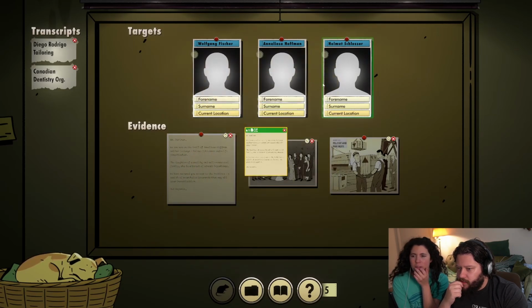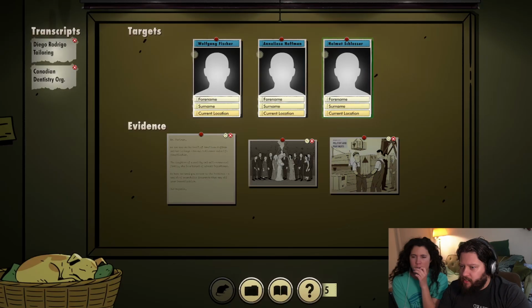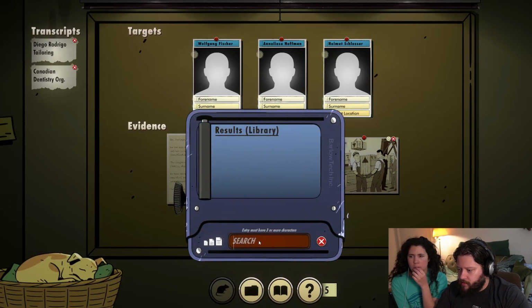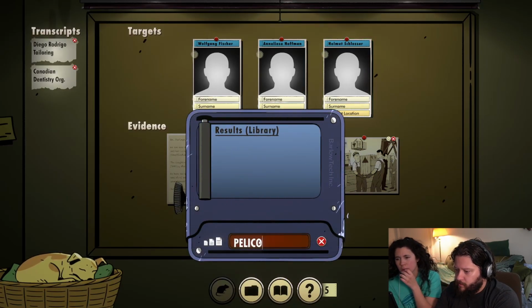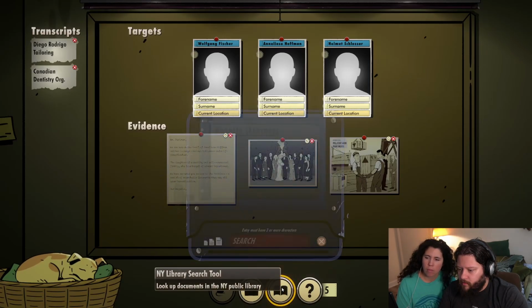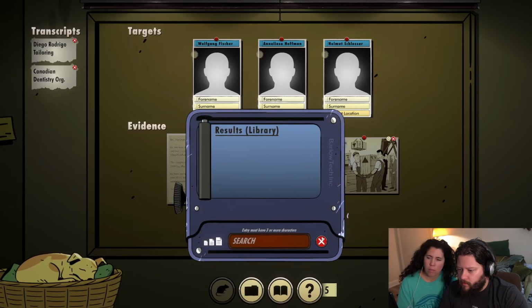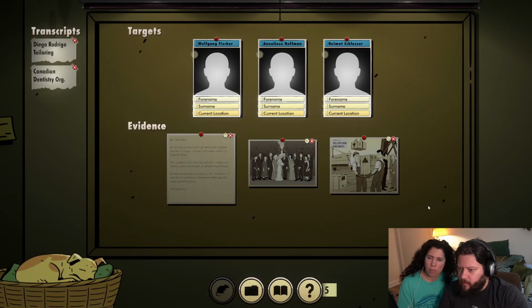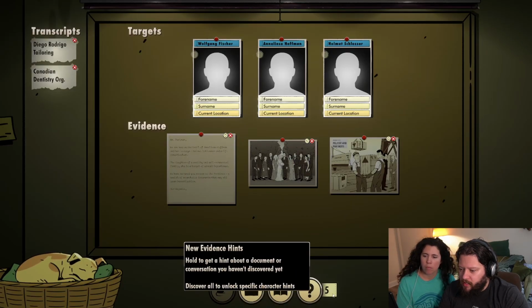Lots of searchable documents then. Alright, let's look at Pellicott and Partners. No? Nothing? Nada? Okay. Let's see if we can call up Pellicott and Partners.